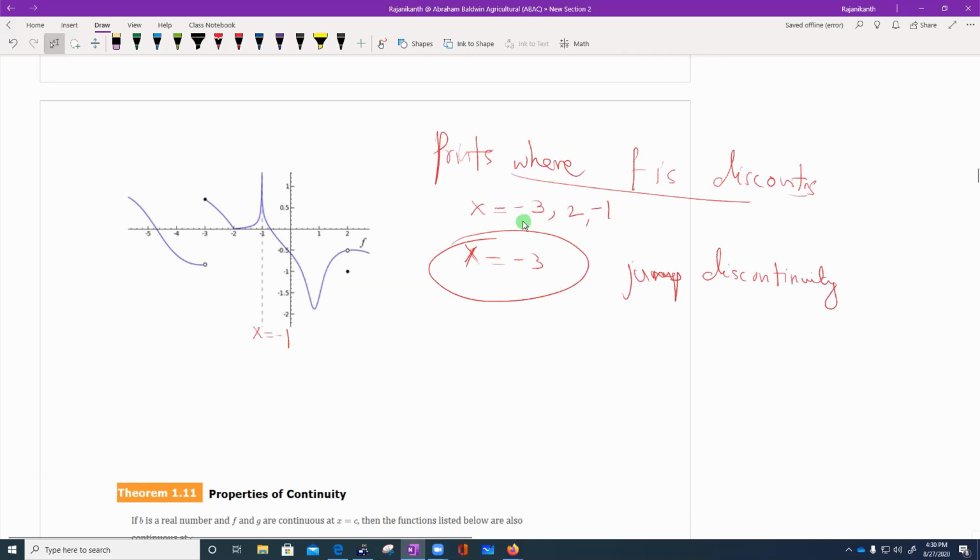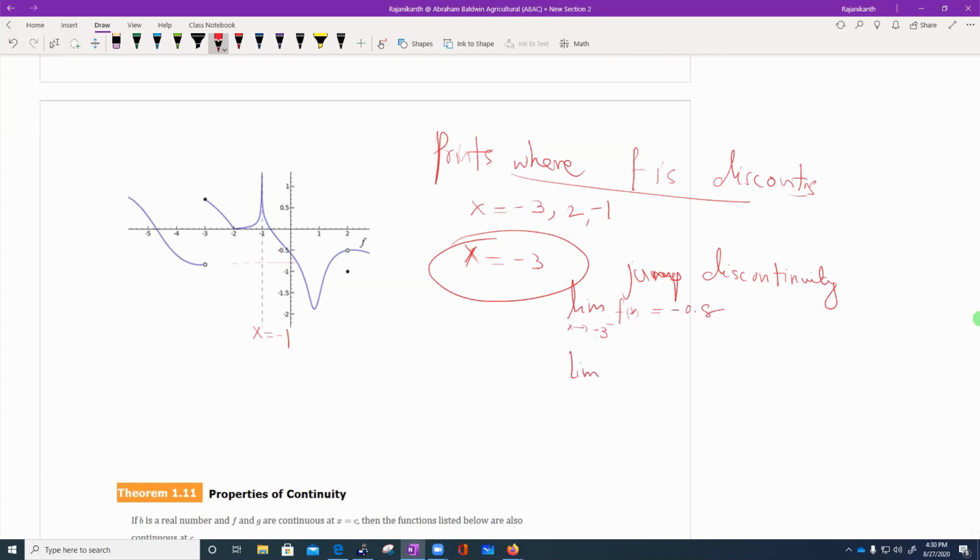That means the limit of the function f(x) when x approaches -3 from the left is approximately somewhere here, that is -0.8.